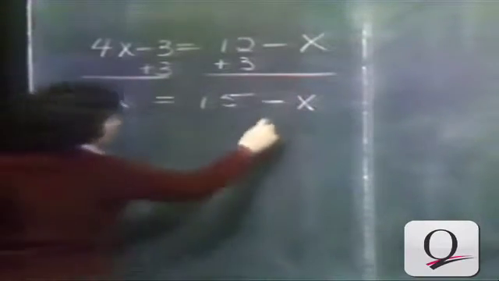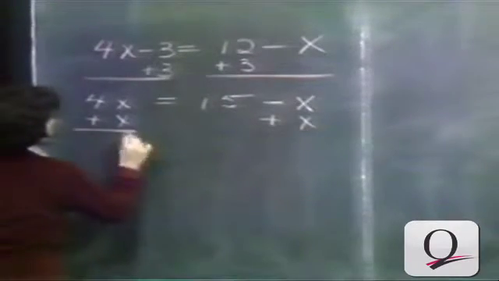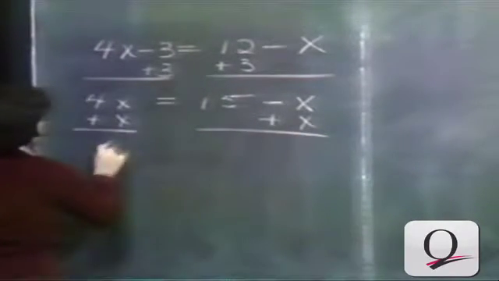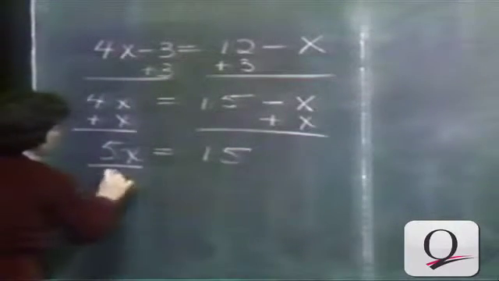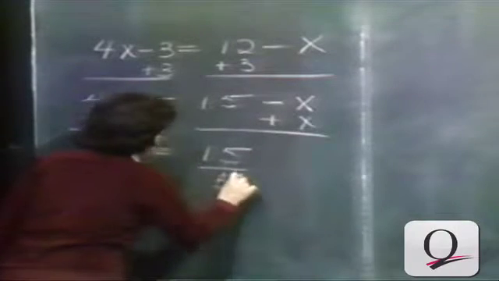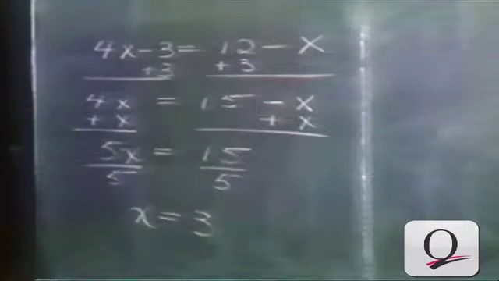Now let's add x to both sides, giving us 5x equals 15. And finally, we would divide both sides of this equation by 5, giving us the solution x equals 3. And of course, you could check this.